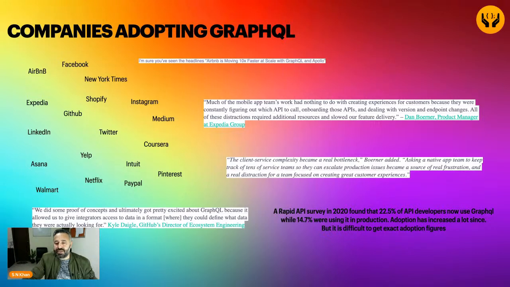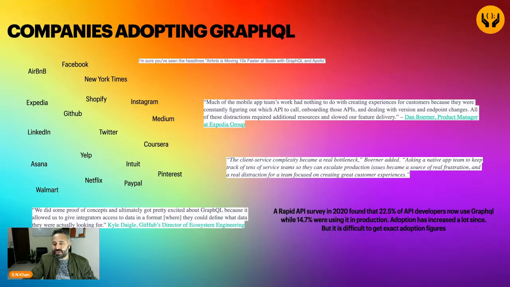He said much of the mobile app team's work had nothing to do with creating experiences for customers, because they were constantly figuring out which APIs to call, onboarding those APIs. So a new developer comes in, you need to onboard them and familiarize them with which API endpoint to call, no matter whichever backend tech they use, and dealing with versions and endpoint changes.